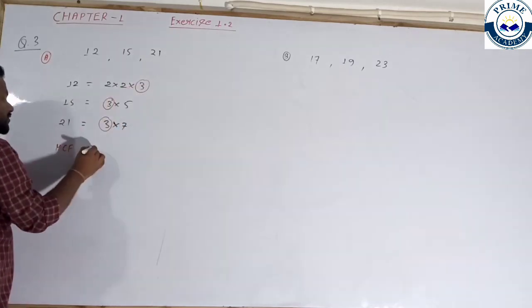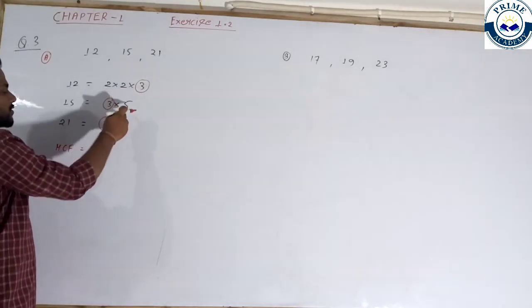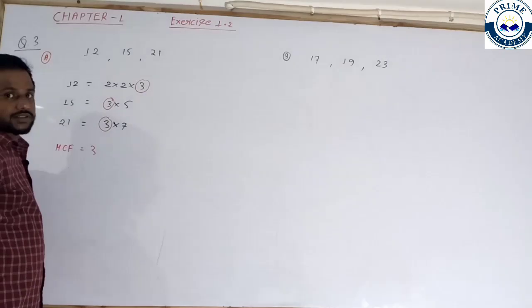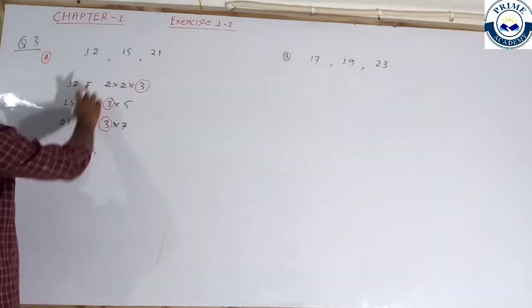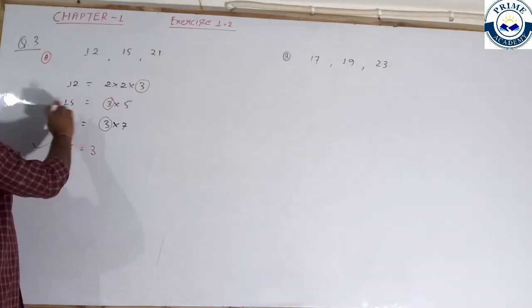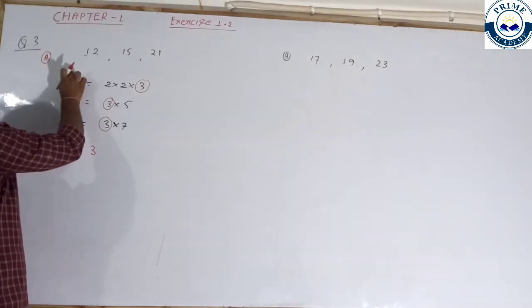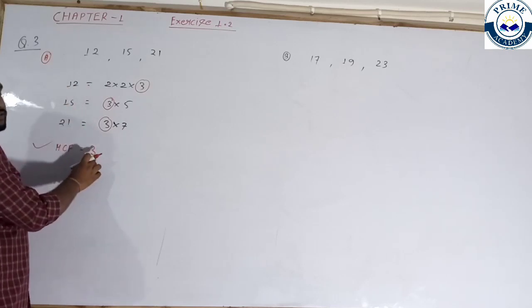We just take 3 in common in all the things, right? What is common? 5 is only here, 7 is only here. So we can't take any commons, right? Whatever is common in the 3 numbers, we just take 3. This is the HCF of these 3. From these 3 composite numbers, HCF will be only 3.